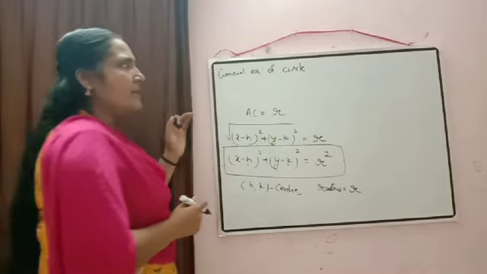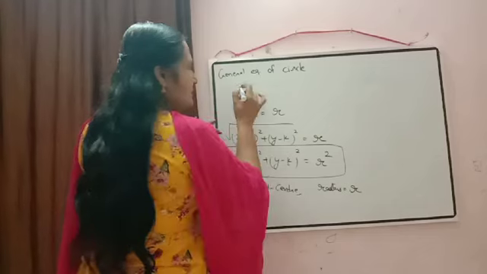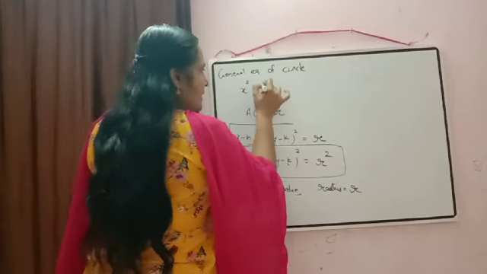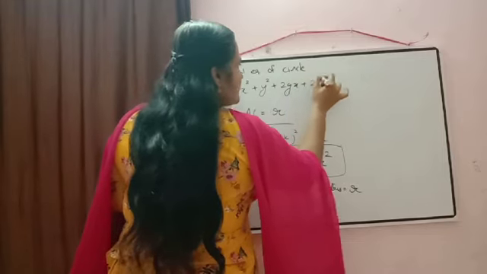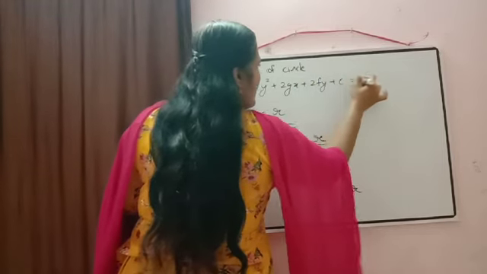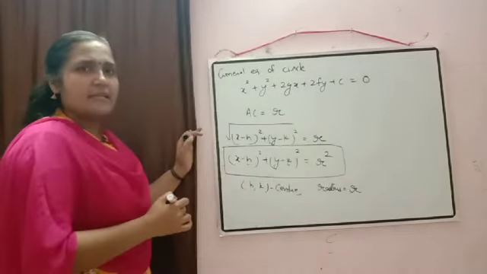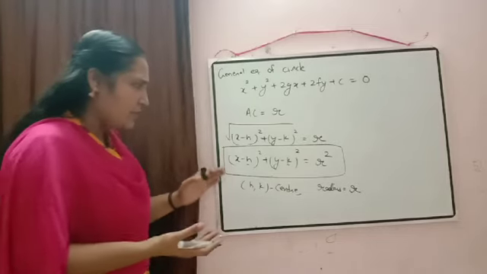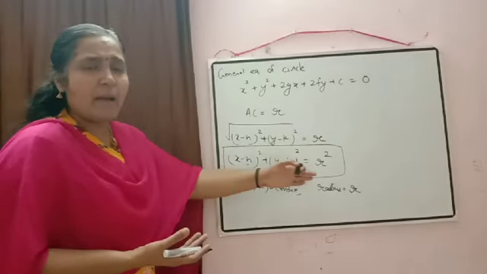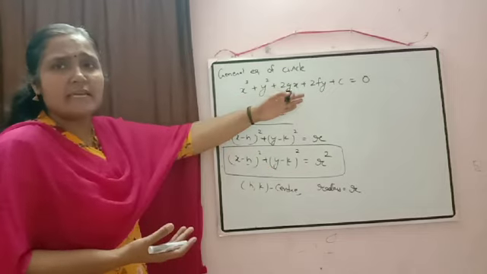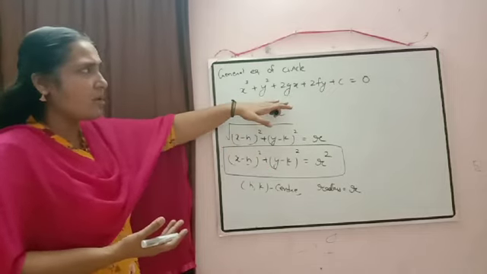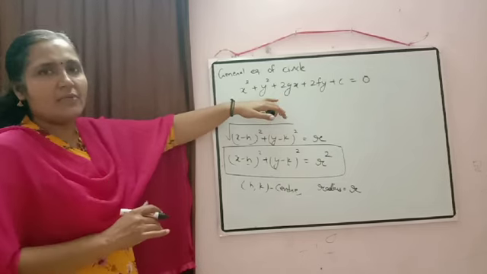The general equation of a circle is x square plus y square plus 2gx plus 2fy plus c is equal to 0. How does this equation come? When we expand all these terms using identities, we get terms in this way only. That's why this is called the generalized equation of a circle.